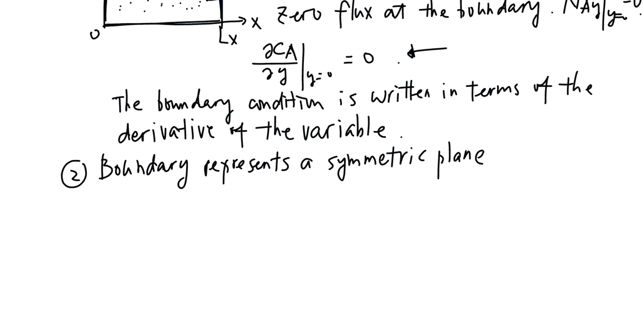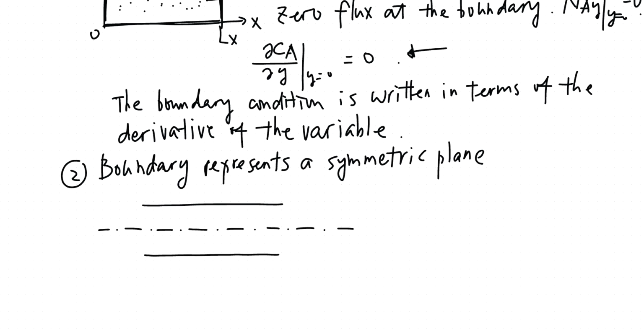Example, if you have a plate, all the environment around the plate, above and below, they are all symmetric, and this is the symmetry line. So in that case, you can say everything is a mirror reflection of this center line. And in this case, the flux would be zero.